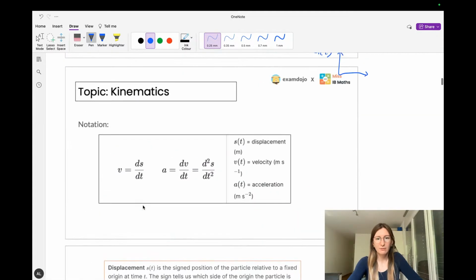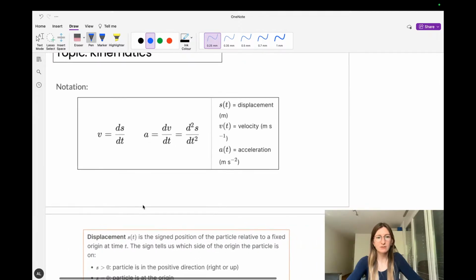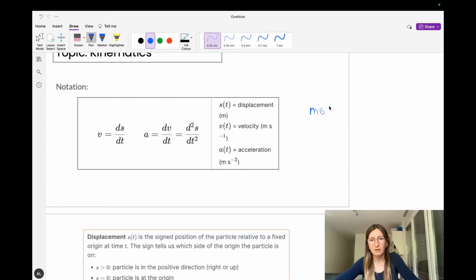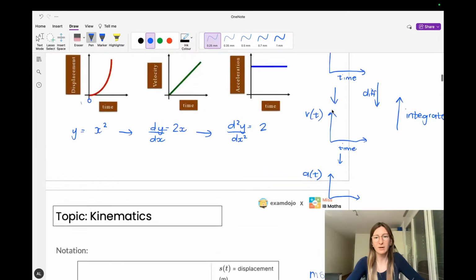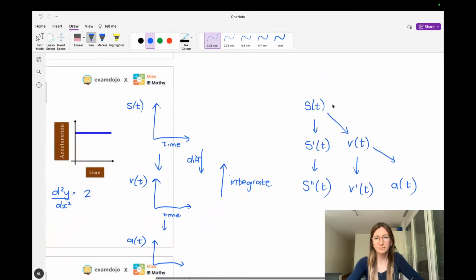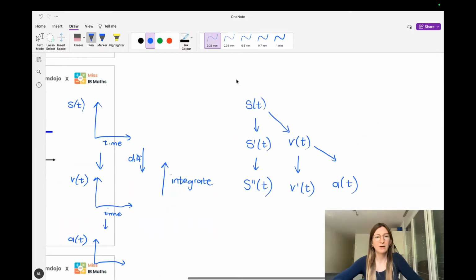And one other thing I wanted to say was, if you're not really doing physics, the ms-1 can sometimes confuse some students that don't do physics. So if I have, in fact, let's go by my earlier diagram here. If I'm measuring my displacement, distance or something, it's in meters. So then this one is in meters per second, because it's speed or velocity.